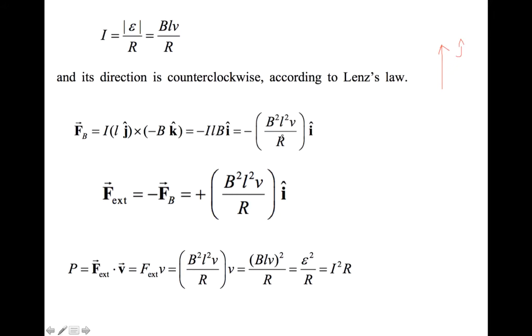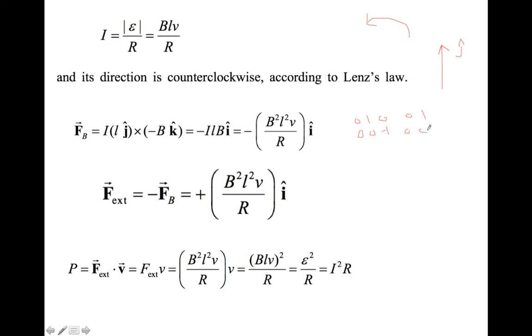So this way is J hat. That's counterclockwise, right? If it is J hat, then the magnetic force, which I can calculate easily, is I L along J hat, cross B, which is along the negative K hat. So J hat is 0, 1, 0, and negative K hat is 0, 0, minus 1.